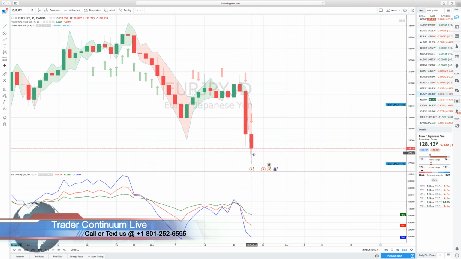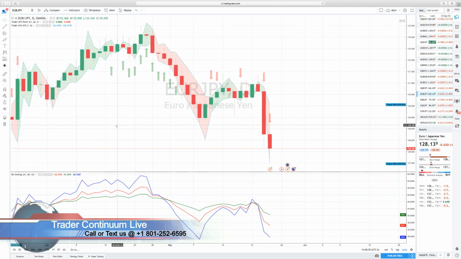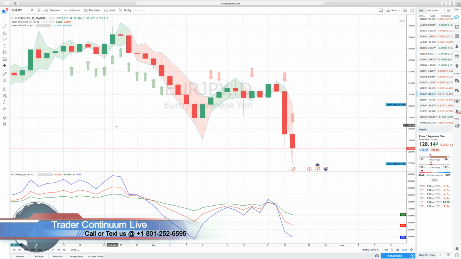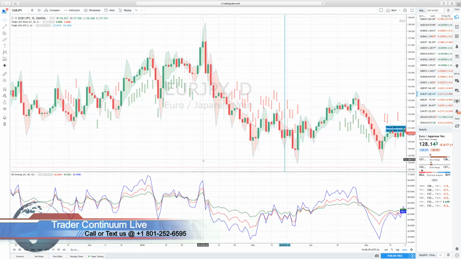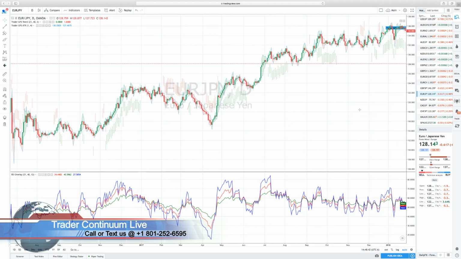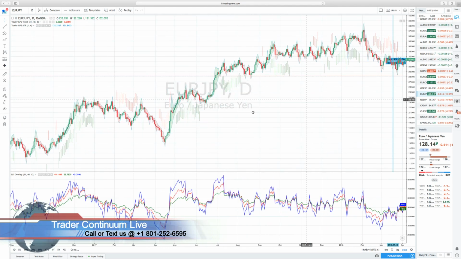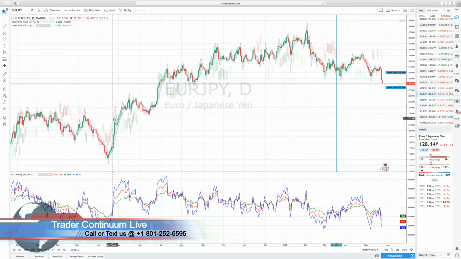But if we see a continuation of that move, especially if we break down below that August trough, which is about here, then we may expect that we're going to be in for a long run on the euro Japanese yen. That's completely possible because we've had a lot of upward movement over the past year, and maybe it's just rounding off.